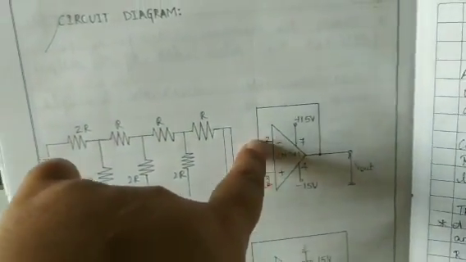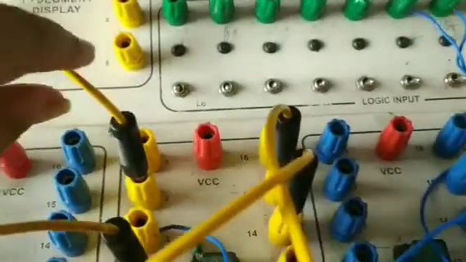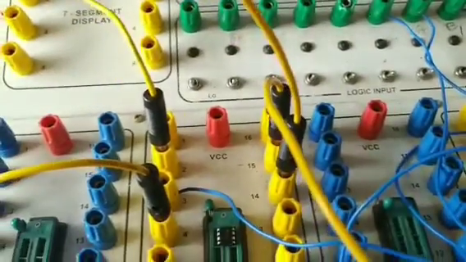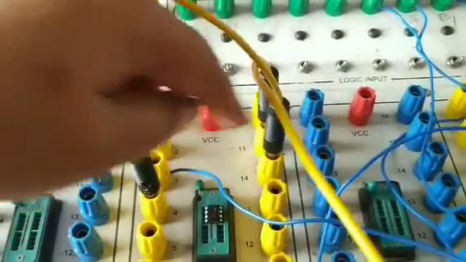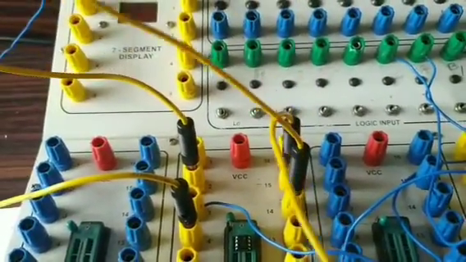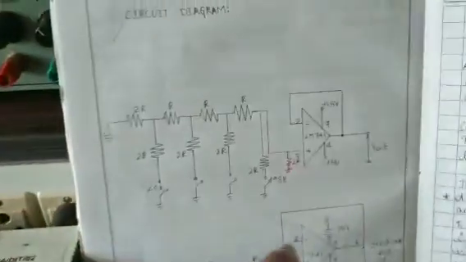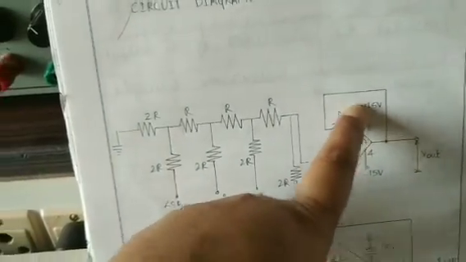Next is pin number 2 and 6 should be shorted. This is pin number 2 and this will be 4, 5, 6. So 2 and 6 are shorted. Okay, then next is pin number 4 is minus, pin number 7 is plus VCC.